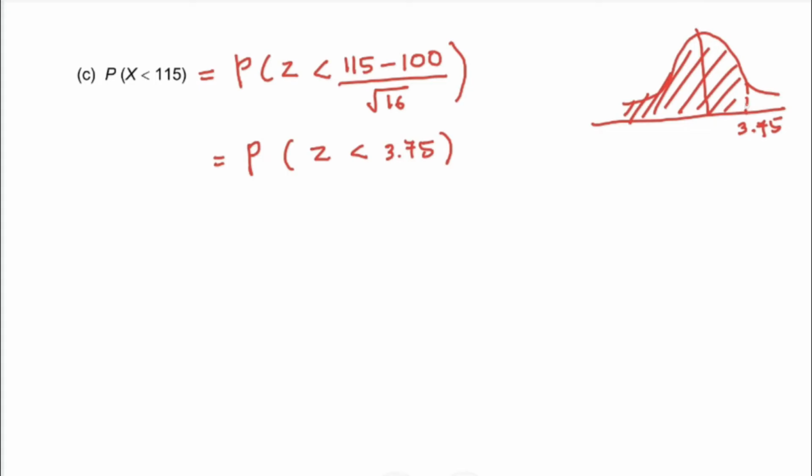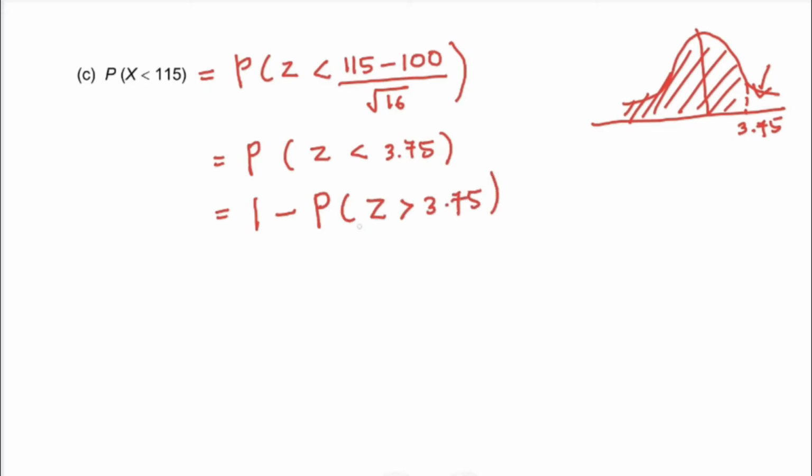This area is greater than 0.5, but we cannot find it in the table because it is a less-than area. So we need to find the area by taking 1, which is the area of all under the bell shape, minus the area that is greater than 3.75.